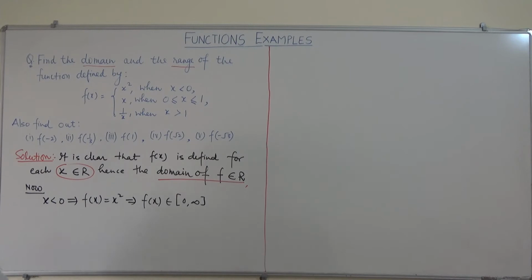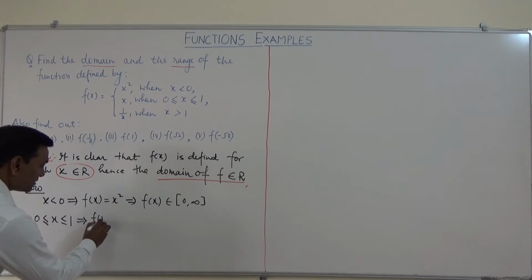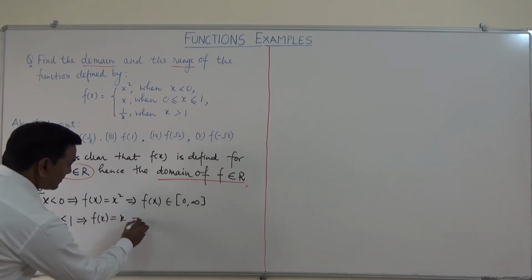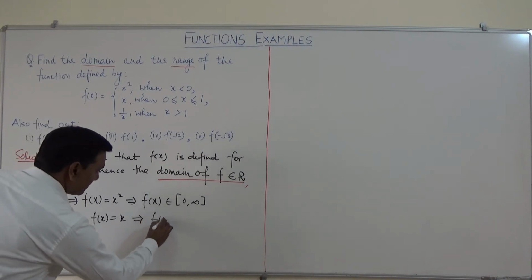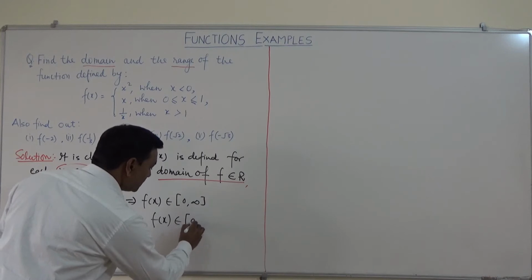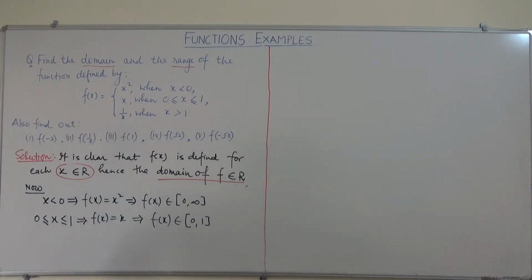In the second case, when 0 is less than equals to x, less than equals to 1, this implies f(x) equals x, which implies f(x) belongs to [0, 1]. Its range we can say.